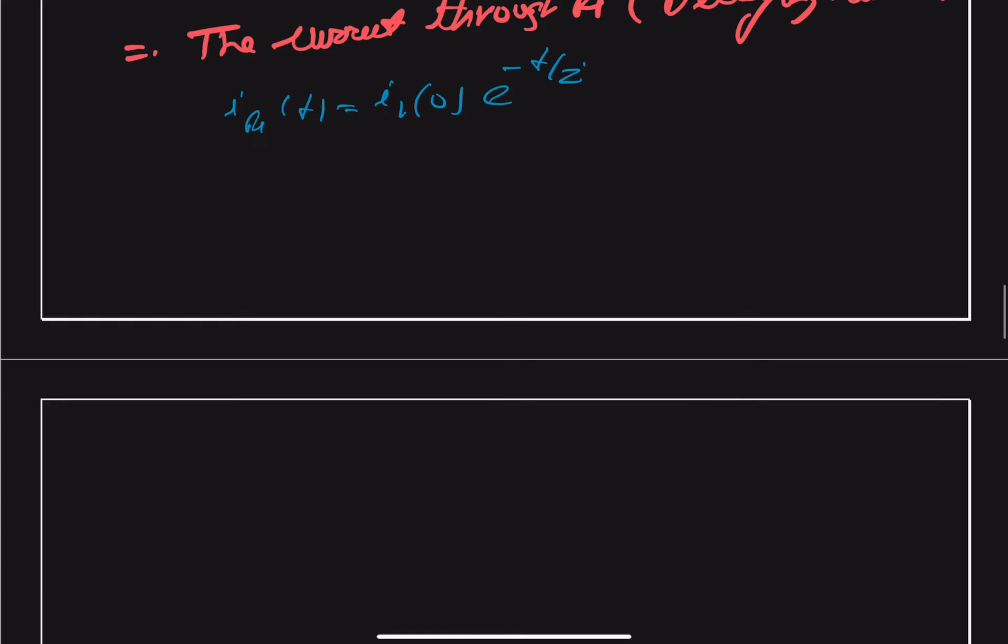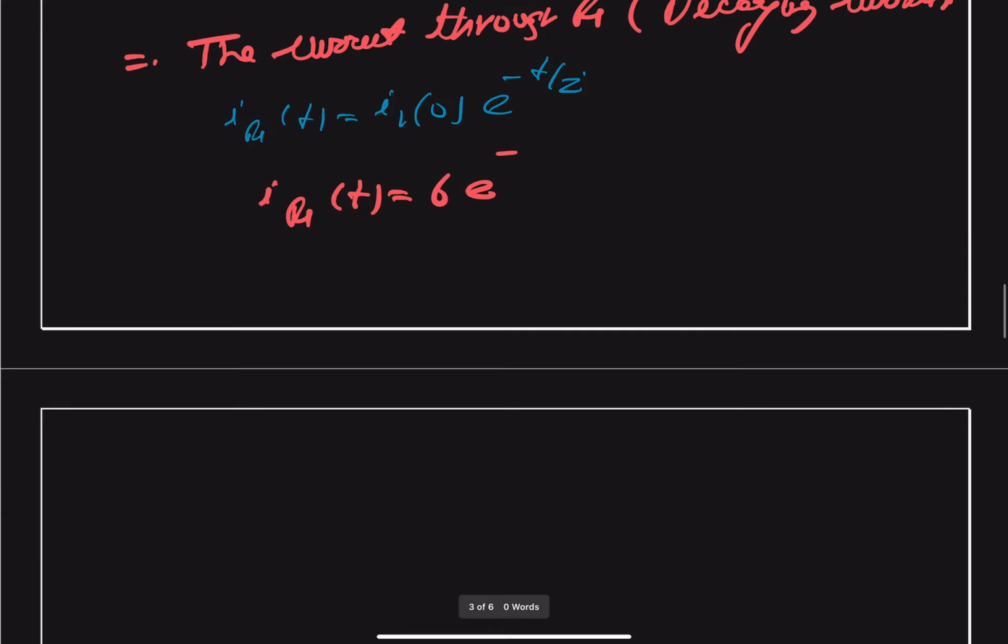Substituting the value, we have IR1(t) as 6 e raised to power minus t upon tau, tau is 0.1, so we can write it as minus 10 times t.